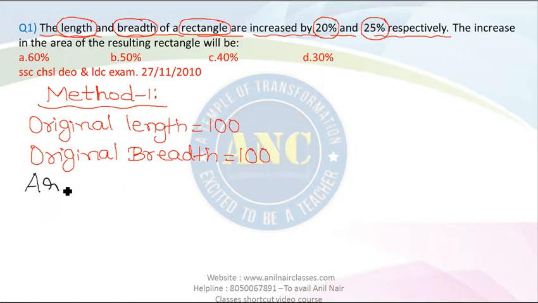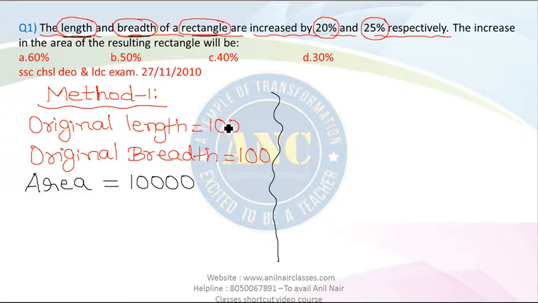So the original area is length into breadth, 100 into 100, which is nothing but 10,000. The question says the length and breadth, initially 100 and 100 respectively, are increased by 20% and 25%.